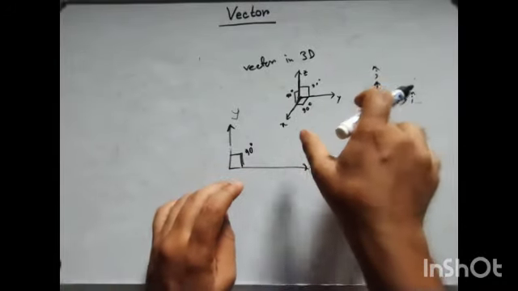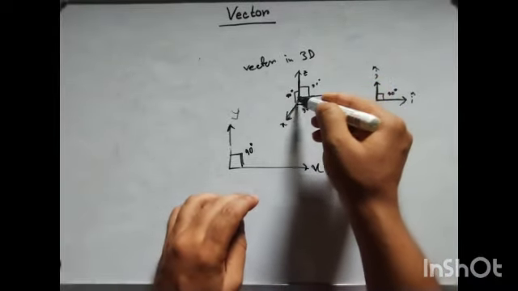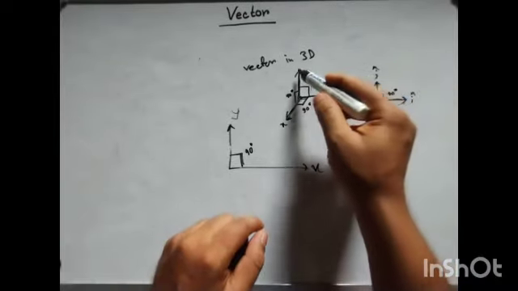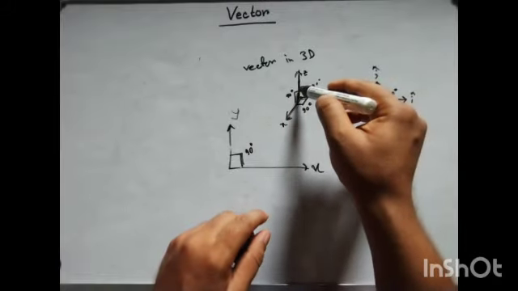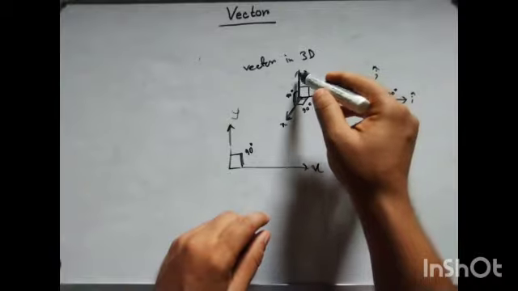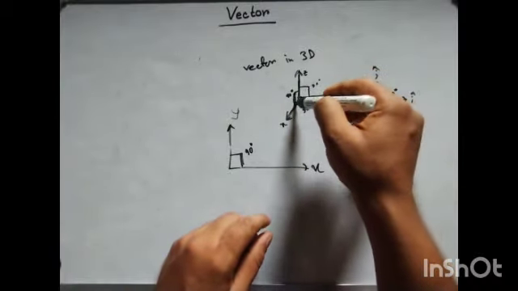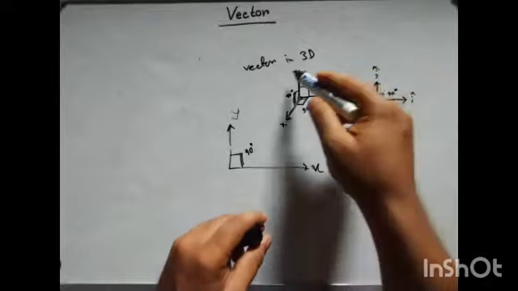In 2D, an actual drawing of 3D is not possible, it's imaginary. So you have to imagine that x, y and z all make 90-degree angles with each other. So this is 3D.